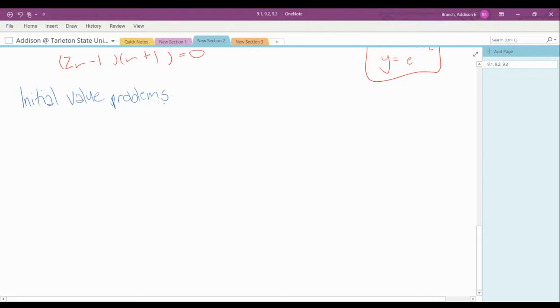Essentially, that's when they contain an initial condition, usually in the form y of 0 equals some number, we'll call it c, on f of x.